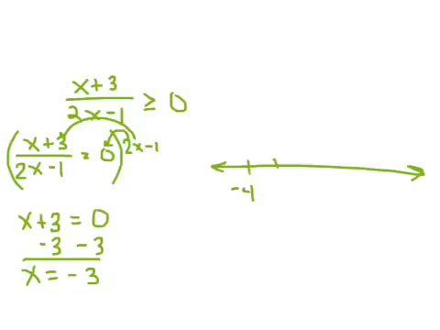So -4, -3, -2. Unfortunately, that's not the only piece. A lot of times what we do is we say, well, it's this, and we shade everything to the right of it, and we include it, because it said greater than, but you would be wrong.